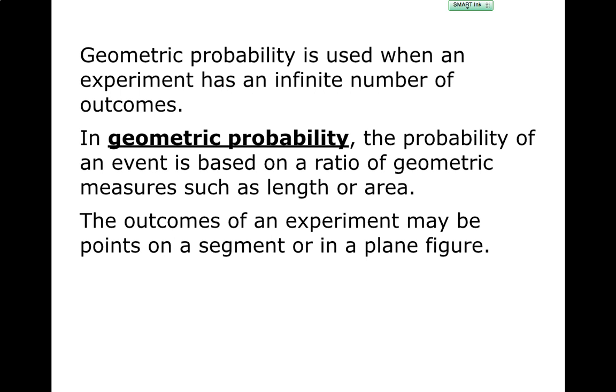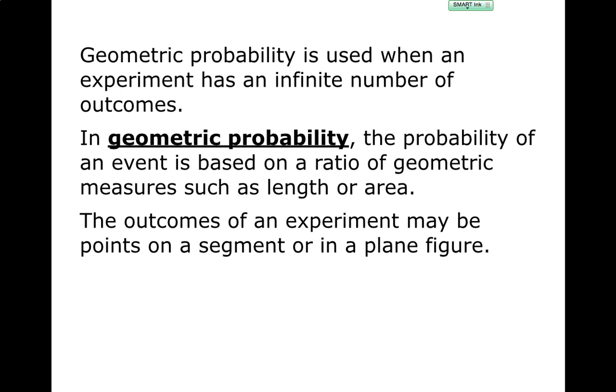Okay, so geometric probability is the probability of an event based on the ratio of geometric measures such as length or area. In other words, as I said, you cannot list all the possible outcomes, so we interpret it in the area or length mode.